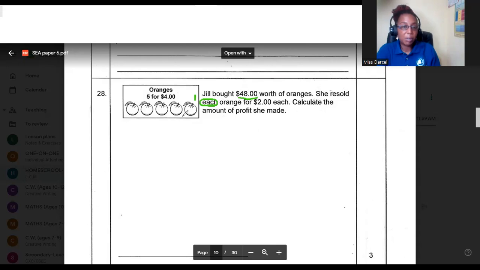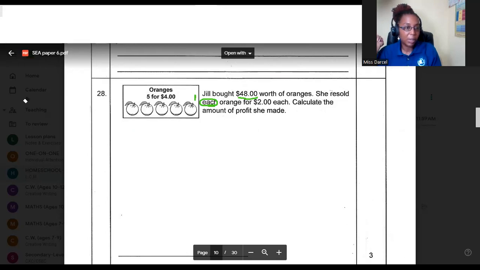All right, so the first thing we're gonna do is think about the different sets. So how many sets of $4 are in 48? So basically in $48, statements, very important. Let's put that in.